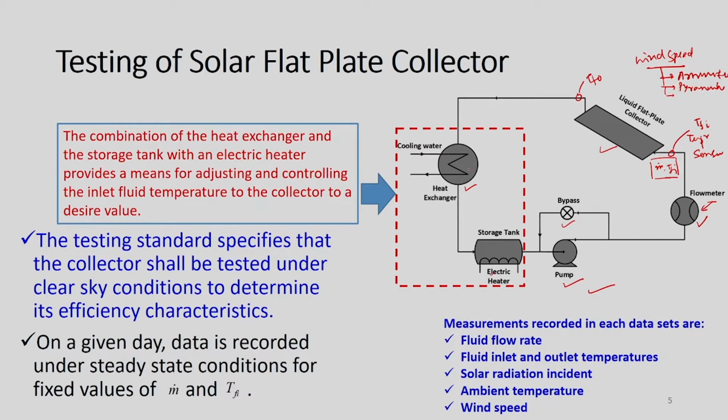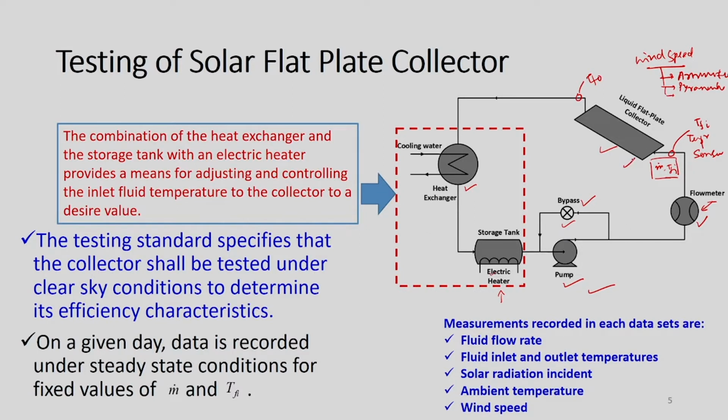We cool the fluid coming out from the collector, and if it is lower than what is required, then we heat it by electrical means. In this storage tank, an electrical heater is attached so that the fluid can be heated to a particular temperature. The bypass valve is attached to control the amount of flow through the flat plate collector.